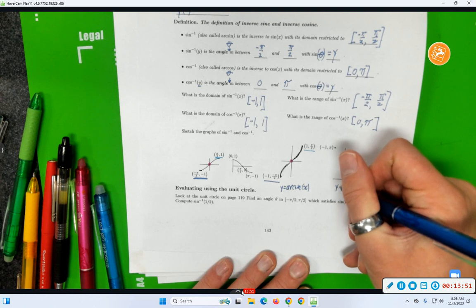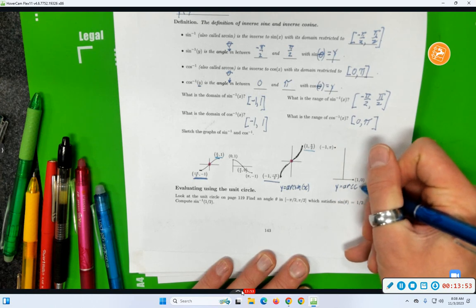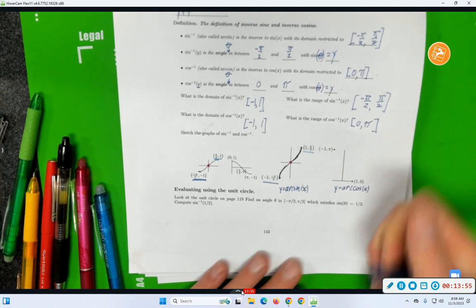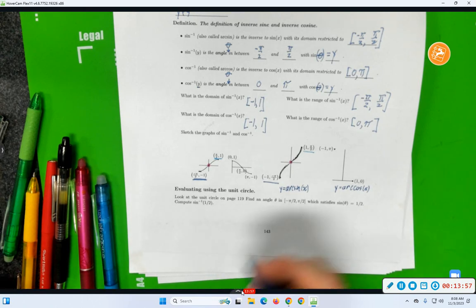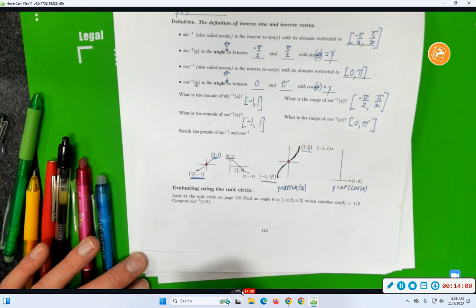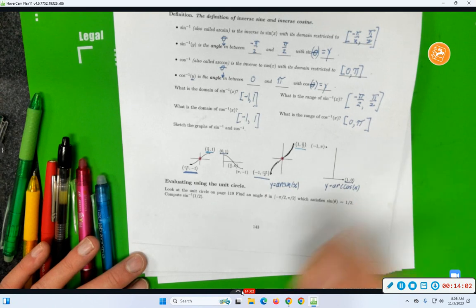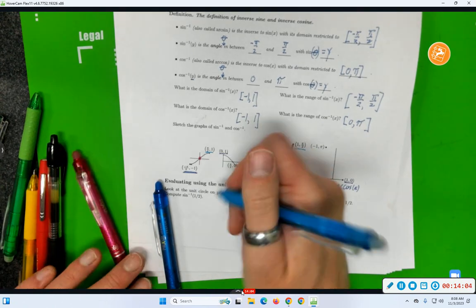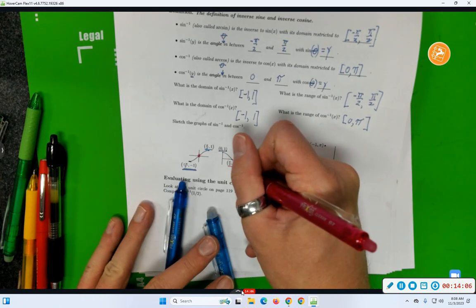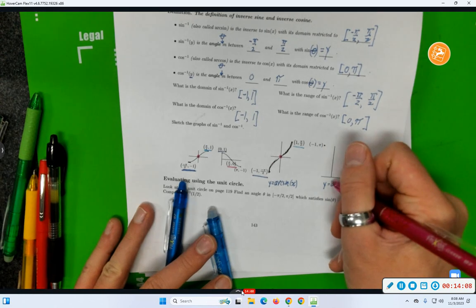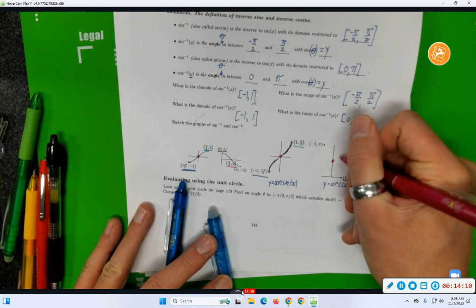Let's also graph y equals arccosine of x here. So, exact same game. 0, 1 becomes the point 1, 0. Pi over 2, 0 becomes 0, pi over 2.